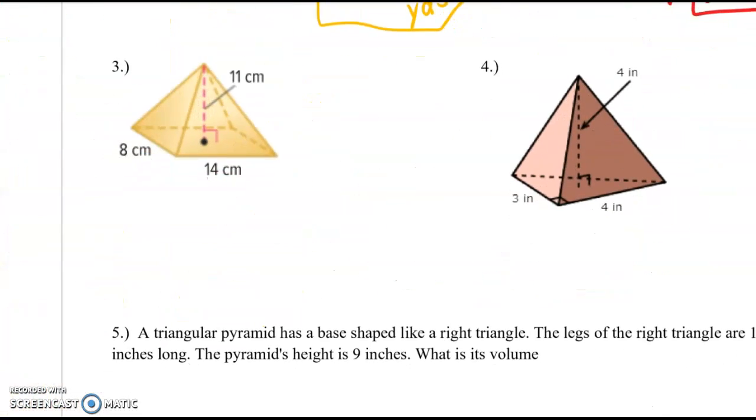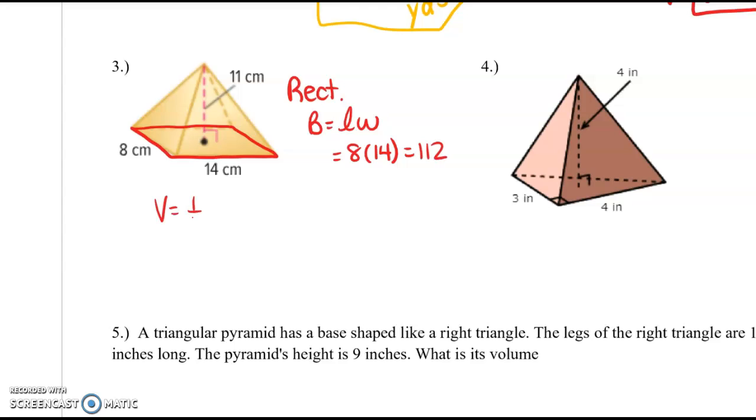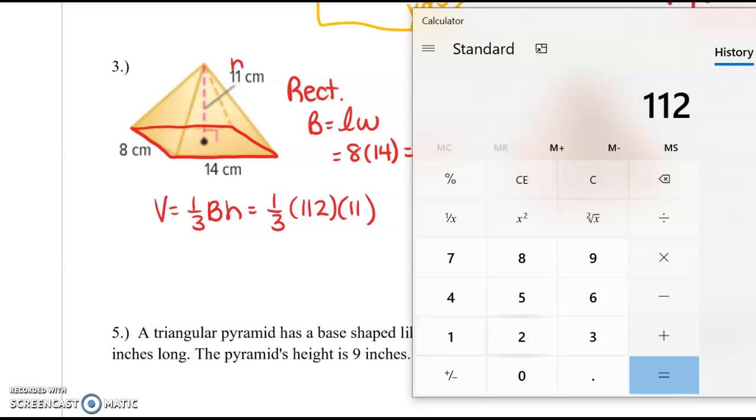All right, let's come over here. My base has changed again. My base right here is a rectangle. To find big B, I'm doing length times width. That's 8 times 14, which is 112. So my volume is 1/3 big B times H, and H is the measurement I haven't used yet, which is 11. So 1/3 times 112 times 11. In my computer calculator, I'm going to do 112 times 11 and then divide by 3.